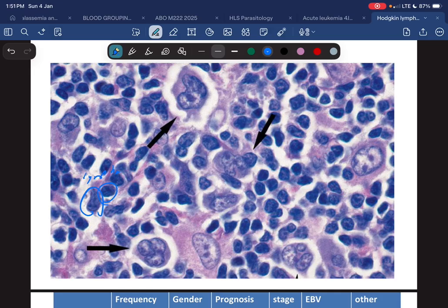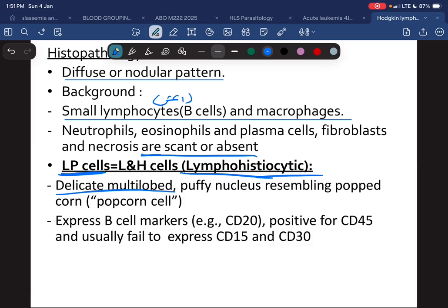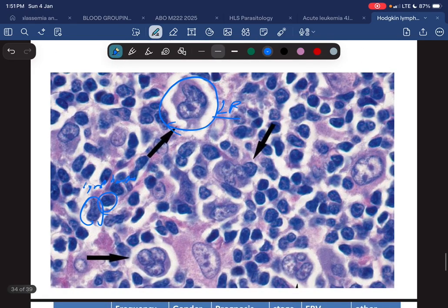What are the characteristics of these cells? Delicate, multilobated, puffy nucleus resembling popped corn, okay? So they are called popcorn cells.